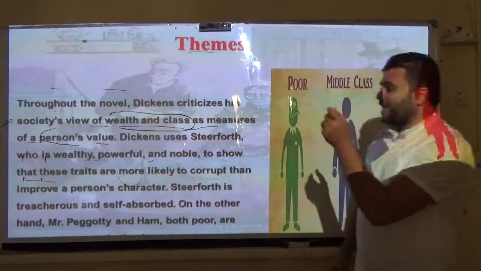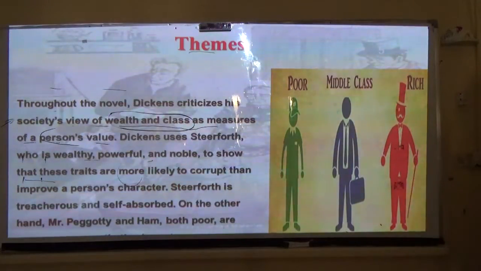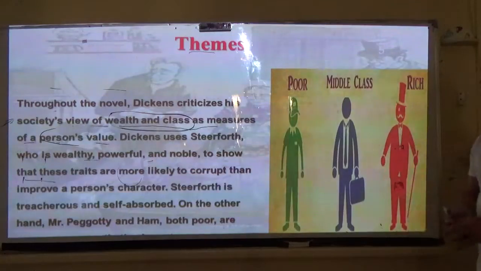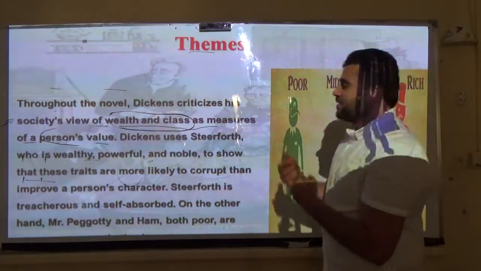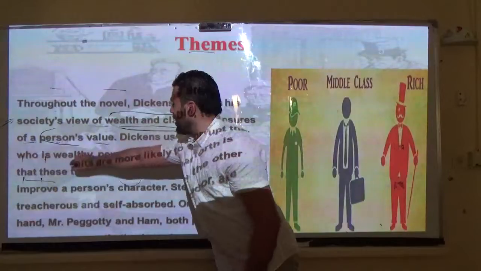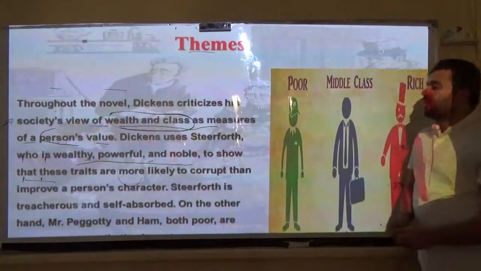So Dickens uses Steerforth, one of our characters. This character is wealthy, powerful, and noble.